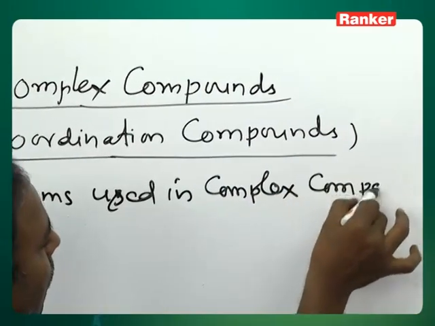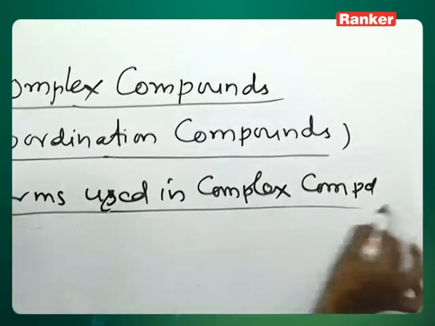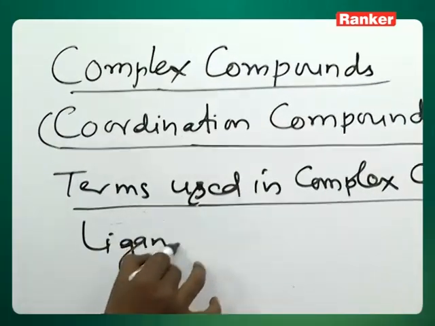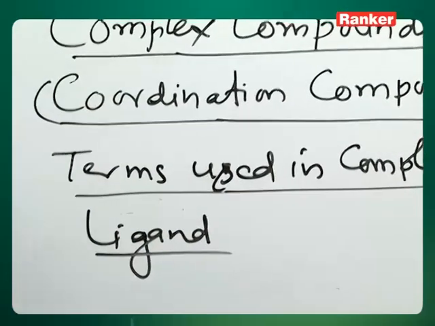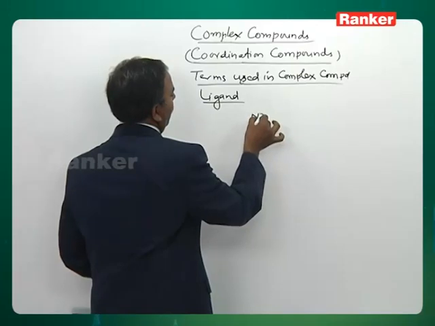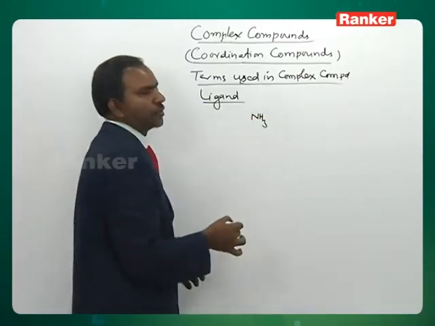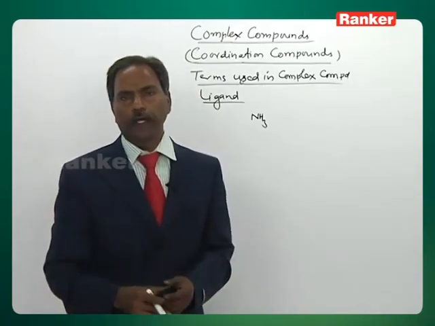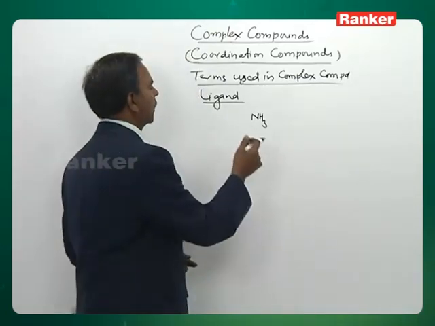The first important term is ligand. A molecule or ion which is capable of donating a pair of electrons, we call a ligand.